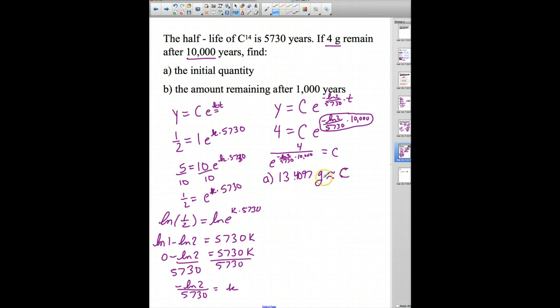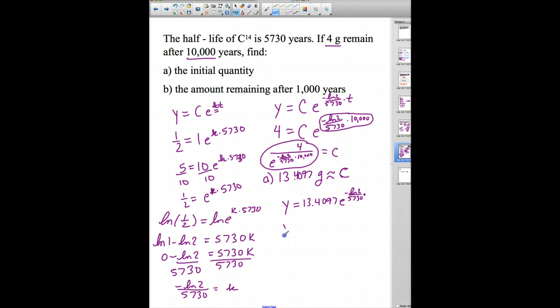Well, now that I've answered question A, my equation, remember I rounded it to 3 decimal places. Usually you want to leave your decimal answer rounded to 3 decimal places, but I'm going to be using this number again here. So it's better if I round it to at least 4. It's even better if I just store that value, store this in my calculator, maybe store it as C, and then I can reuse it here.